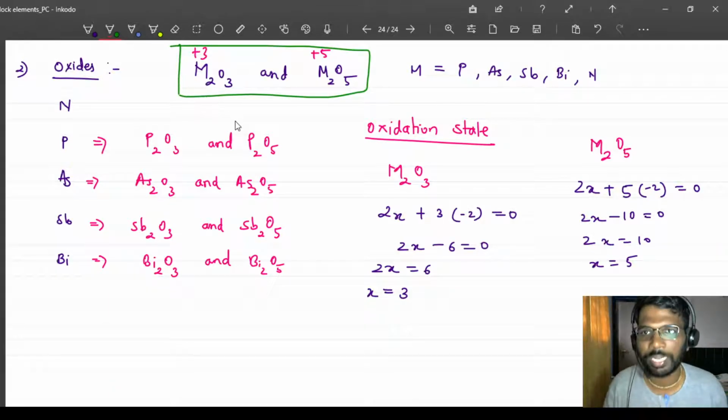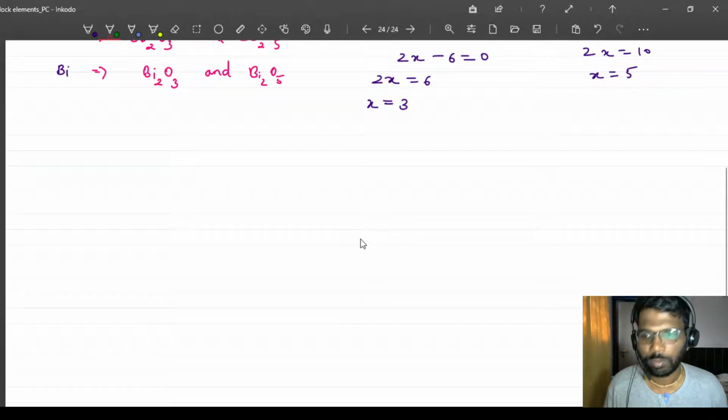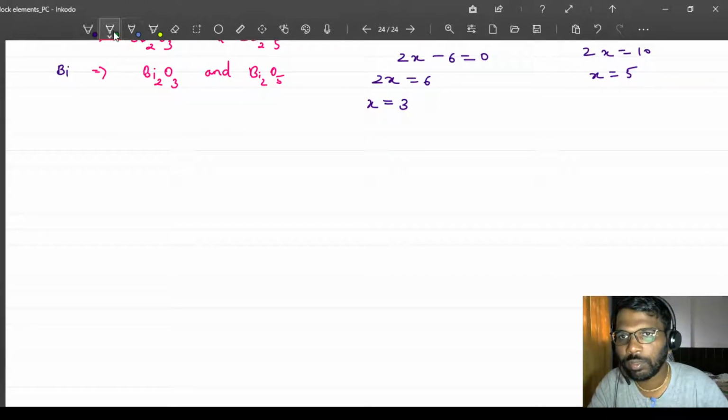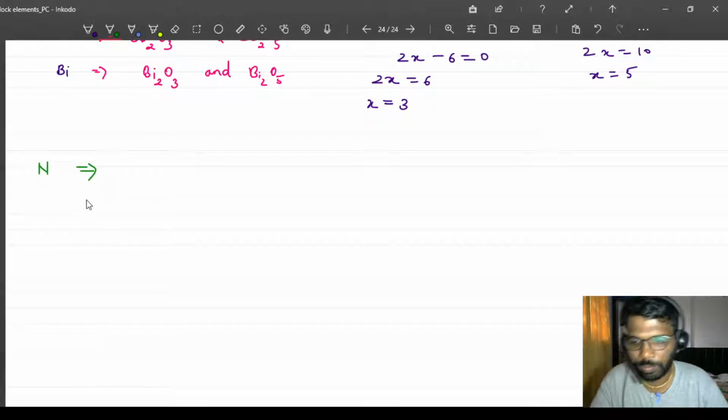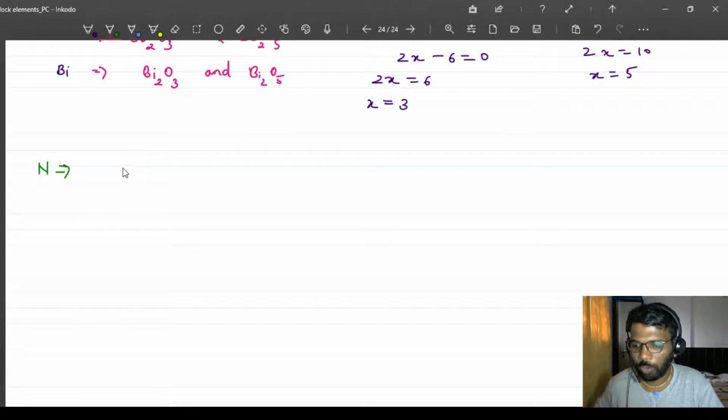Now coming to the oxides of nitrogen. So nitrogen forms oxides this way. First oxide it forms is N2O.